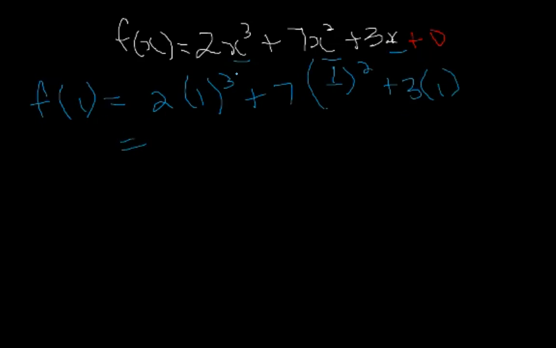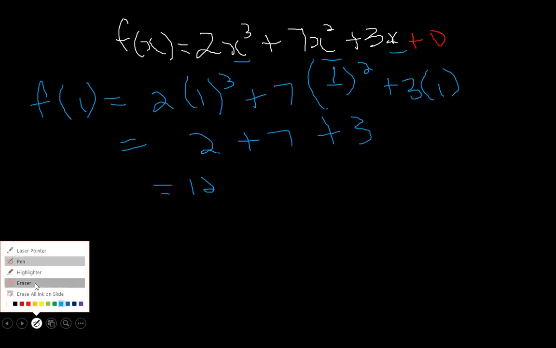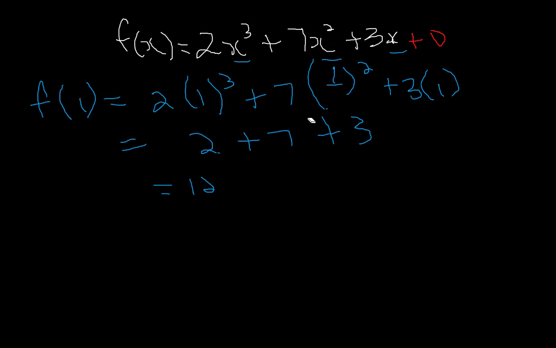Well, 1 cubed is 1, so 1 times 2 is 2. Plus 7 plus 3, which gives me 12. 12 is obviously not 0. Because my remainder is not 0, this is not a factor. So then you try minus 1.